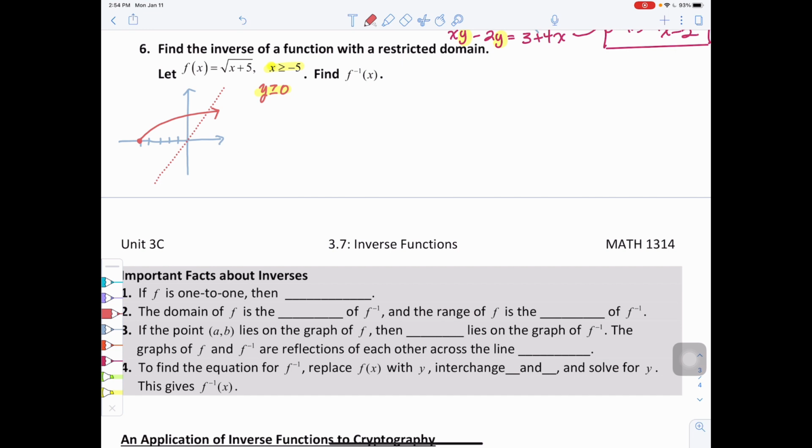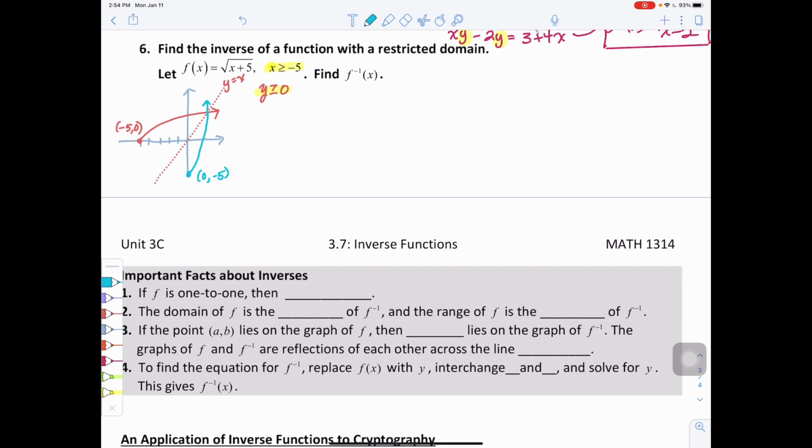Oops. And this is what the inverse would look like. Of course, this point here is -5, 0. So this point here is 0, -5, and so forth. So we could draw that graph like that.